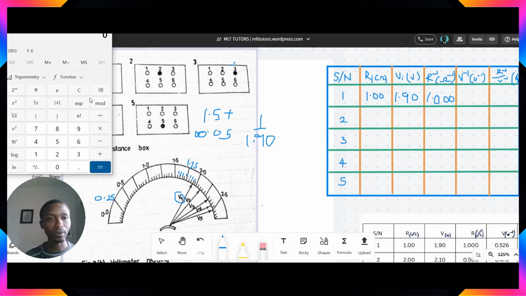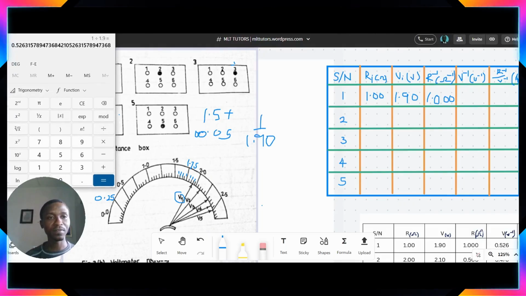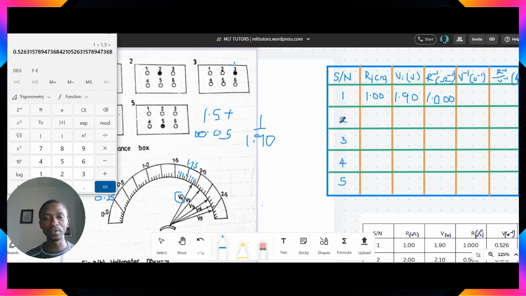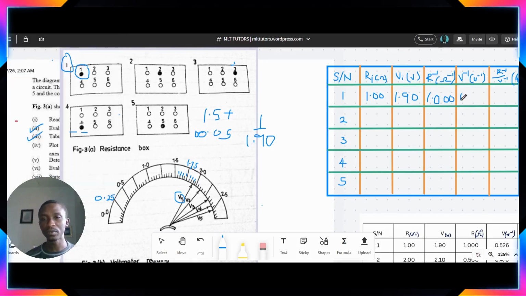I'll do 1 divided by 1.90. And that value is actually 0.526. So we have 0.526. Then finally, we do our inverse, which is 1 over V inverse, which is 0.526.